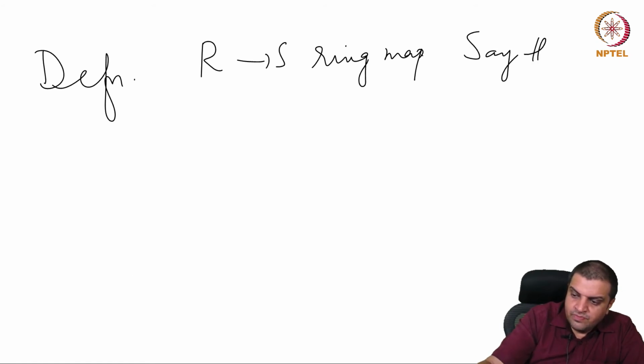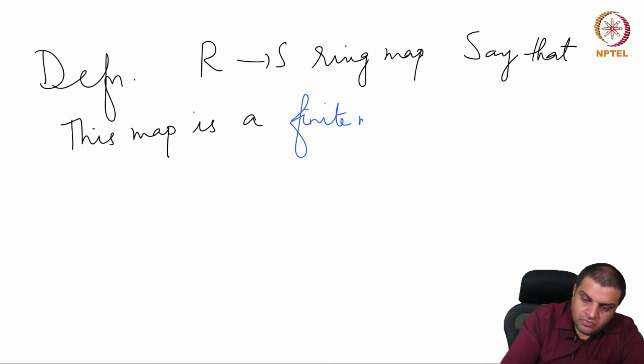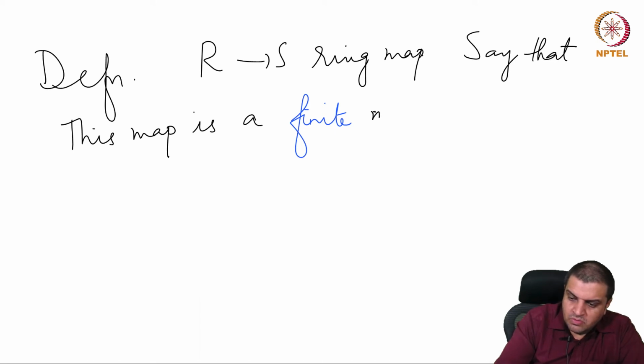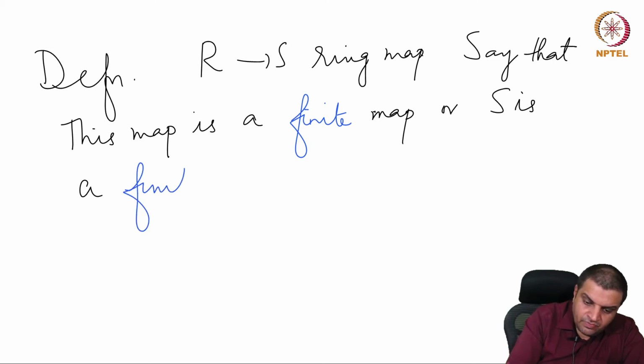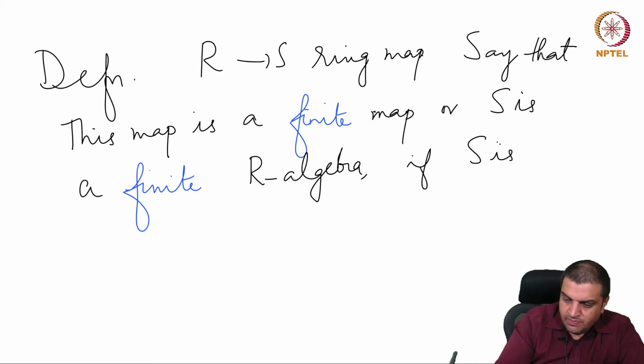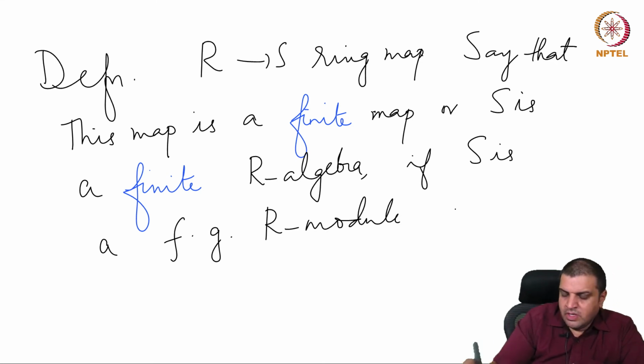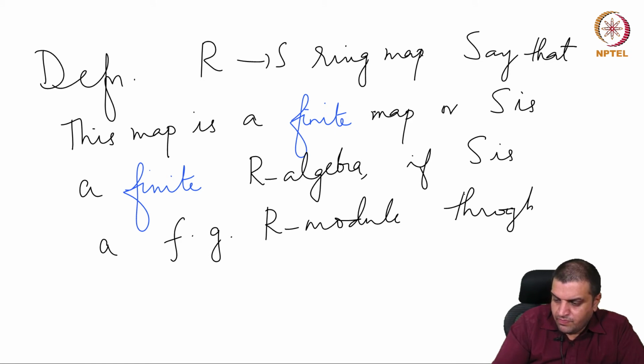Say that this map is a finite map or S is a finite R algebra if S is a finitely generated R module through this map.